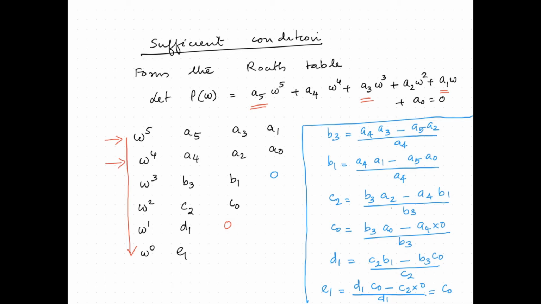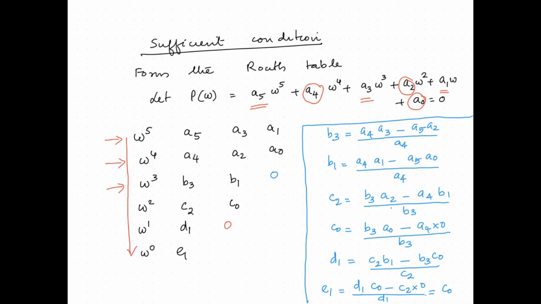Then for the second row, corresponding to W raised to 4, we start with the coefficient of W raised to 4 itself. This is A4, A2 and A0. With that we complete the first two rows, and by this time all the coefficients are also utilized. Now we find W raised to 3.